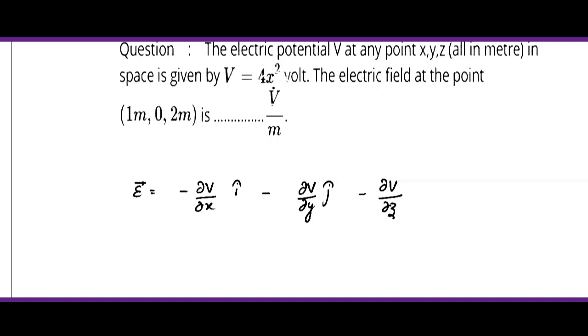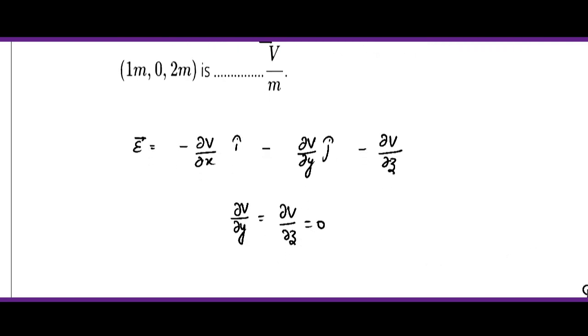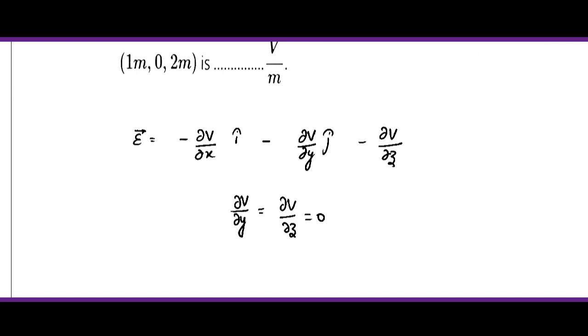If you see, the function is only in x, so the partial differential with respect to y and with respect to z will be 0. So it will be only in the I cap direction, right? So you can differentiate it.